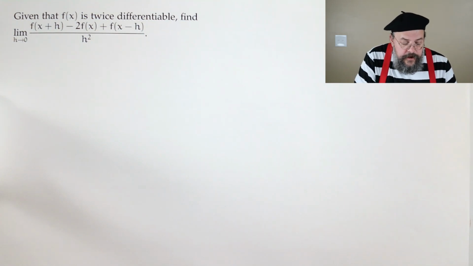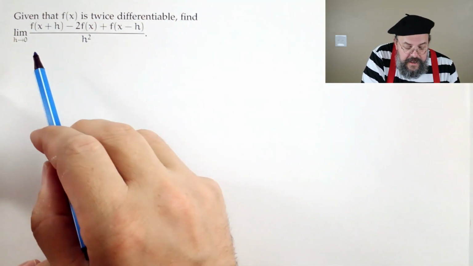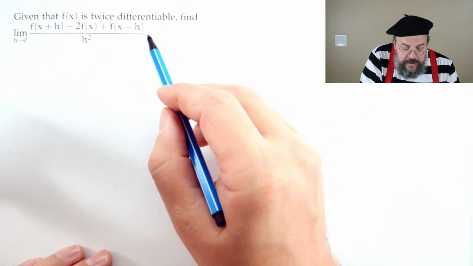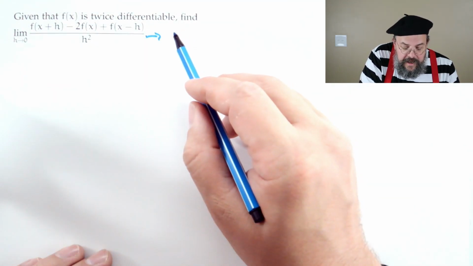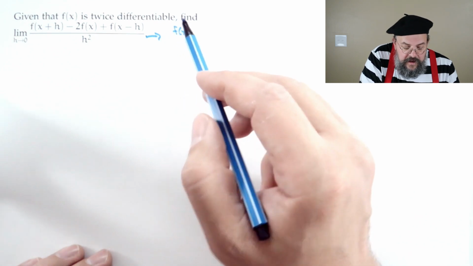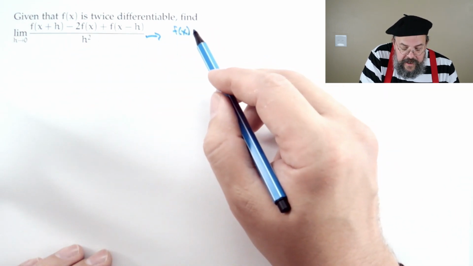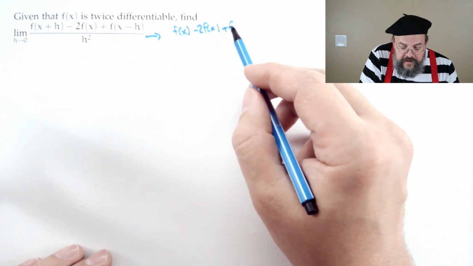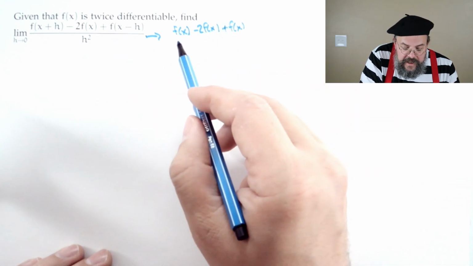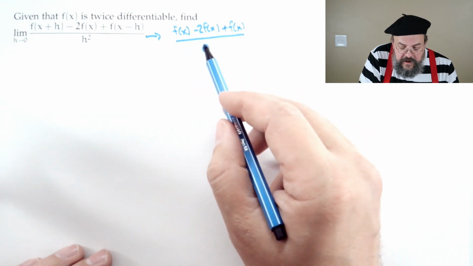Okay, so when we plug in h equals 0, what do we get? Well, so we'll just do a quick computation here. You get f of x minus 2f of x, and here a plus f of x. All right, and then downstairs you get 0.